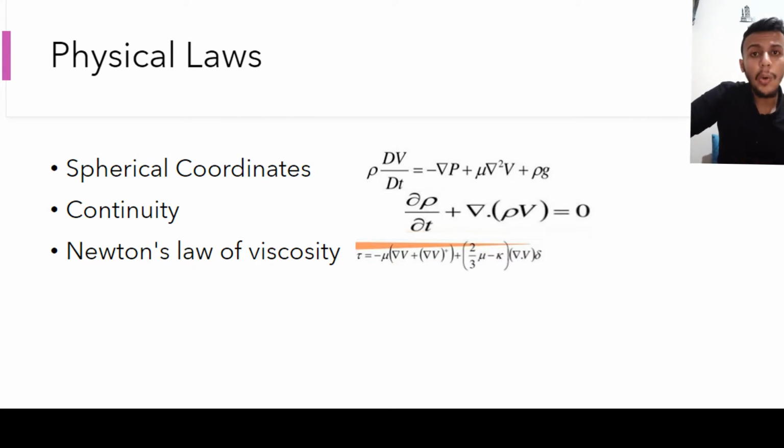The second law is continuity, and also in this law we have density, volume, time. Newton's law of viscosity: in this law we have volume, density, viscosity, all the same as the first two.